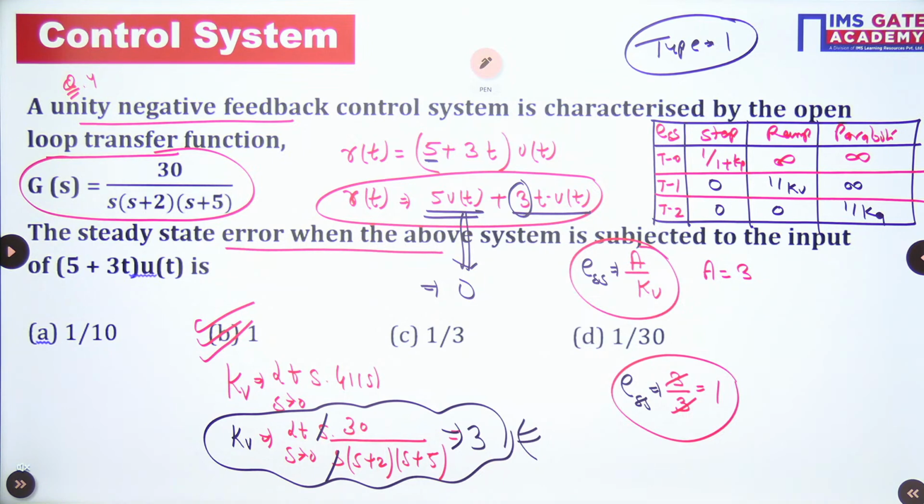Everyone, guys, reply fast. Is this completed? Is this completed, pyare bachcho? Yes or no?